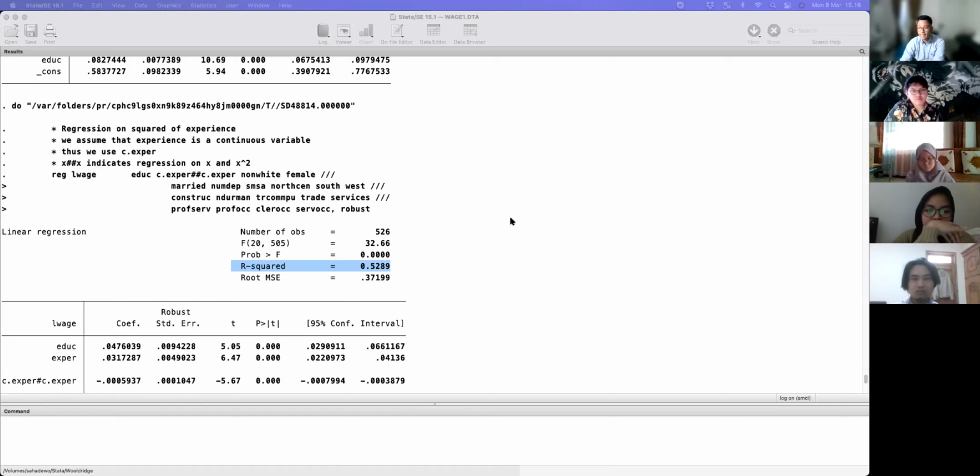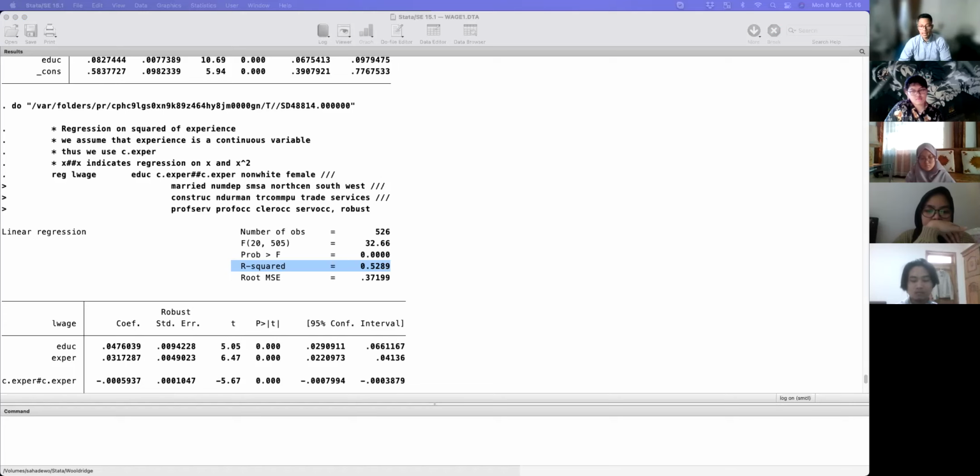Adding explanatory variables will improve the R-square. But again, just to be very careful, a high R-square does not imply a causal interpretation. Another thing is that a low R-square does not preclude precise estimation of the partial effects.